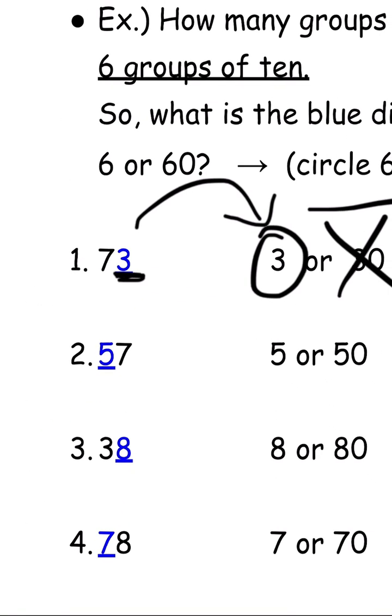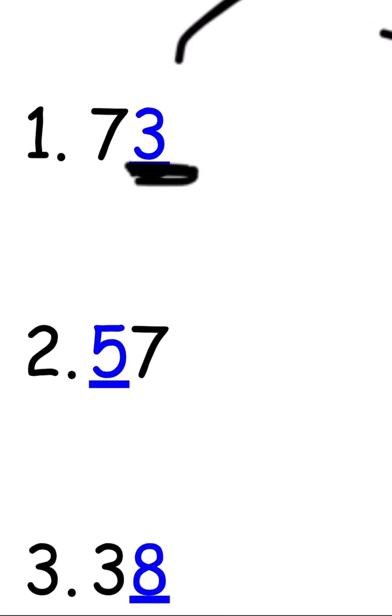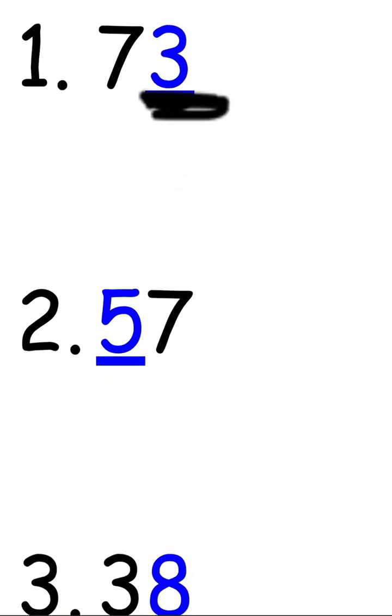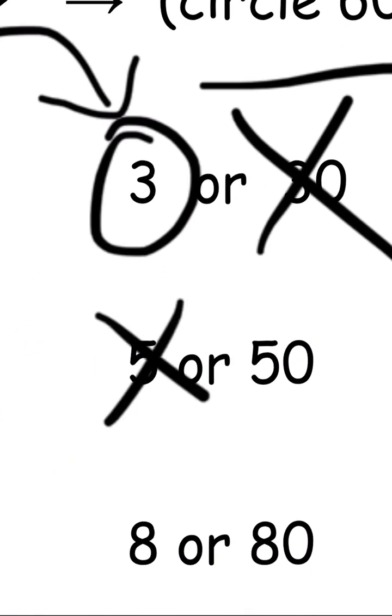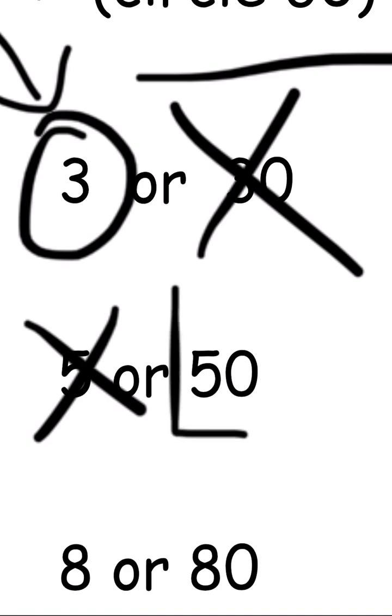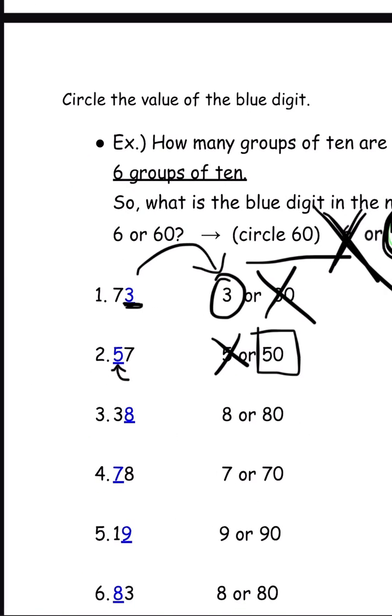And now let's look at number 2. If you look at number 2, you can see the difference, right? So 5 is on the second, on the tens place value, so it's not going to be 5, it's going to be 50.